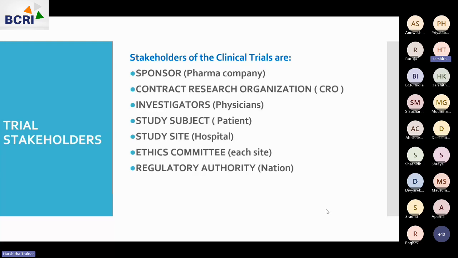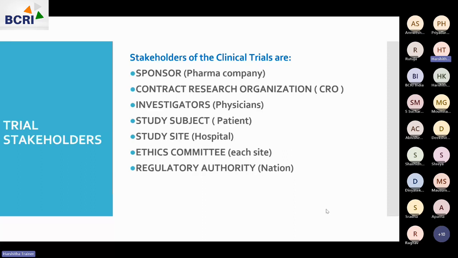If I'm trying to sell it and I give it to unknown people, then I'll get good feedback for the pancake or aloo paratha that I have made. So the sponsor, since it is their own drug, should not conduct the clinical trial.